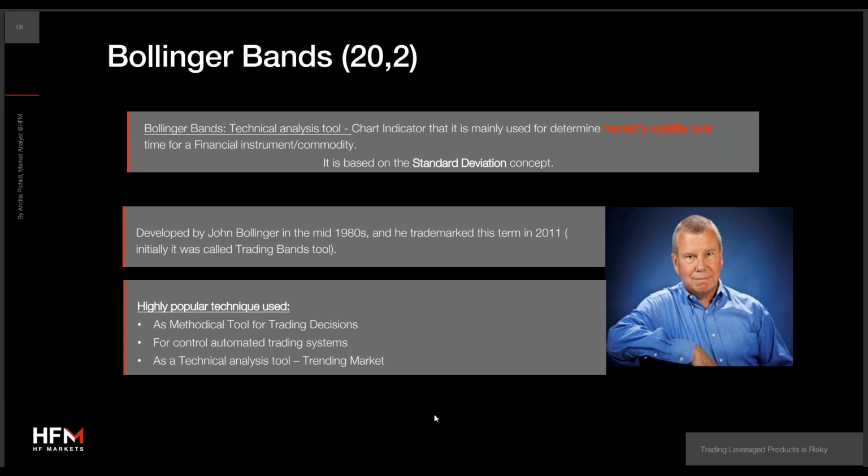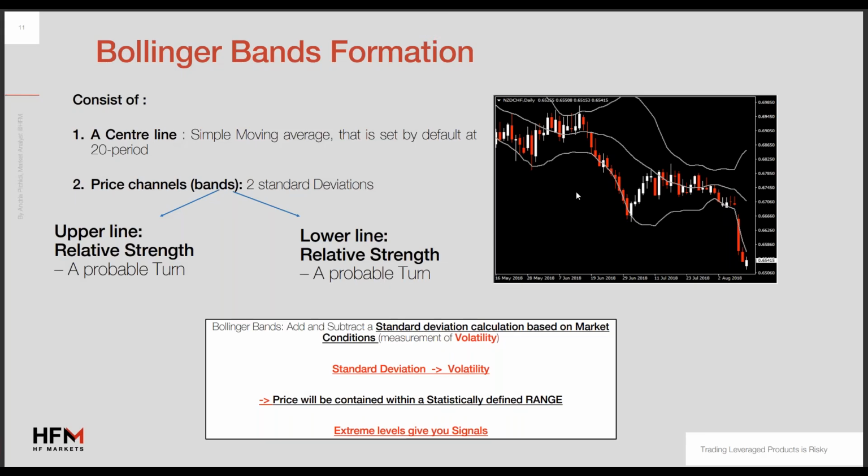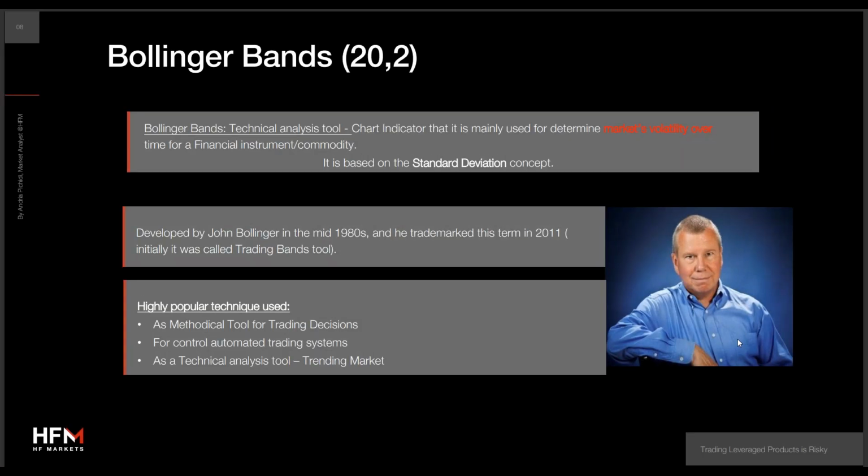Okay, so it's a chart indicator, so that's why it's applied on the actual chart, not beneath it. I don't know how many of you are using Bollingers, but this is how it looks. And basically it determines market volatility over time.